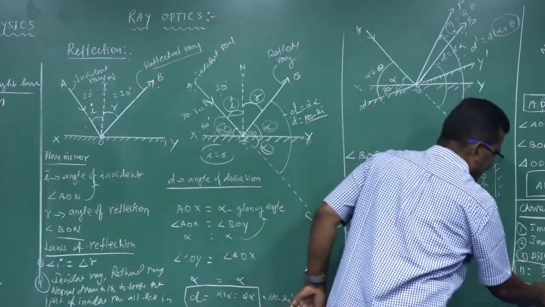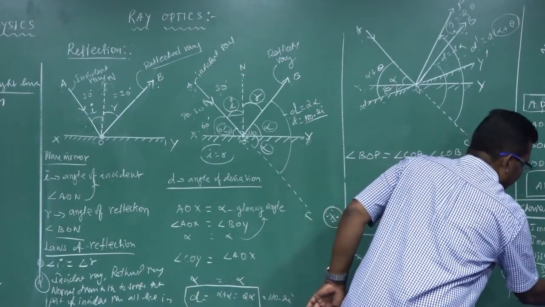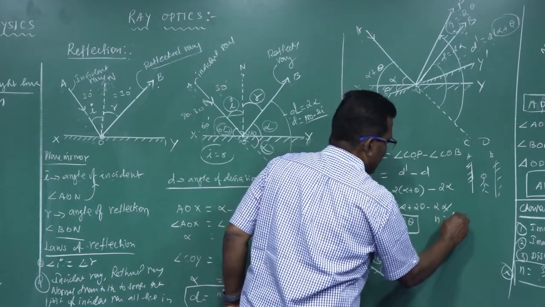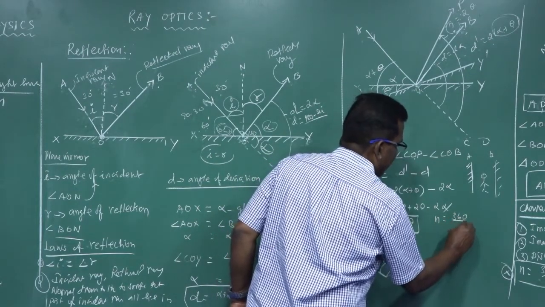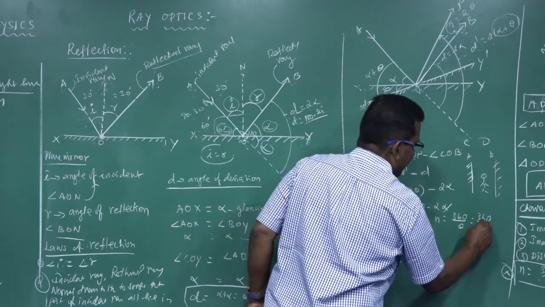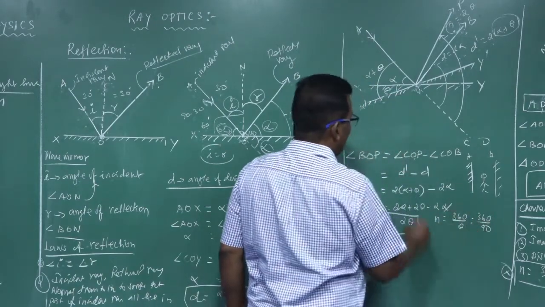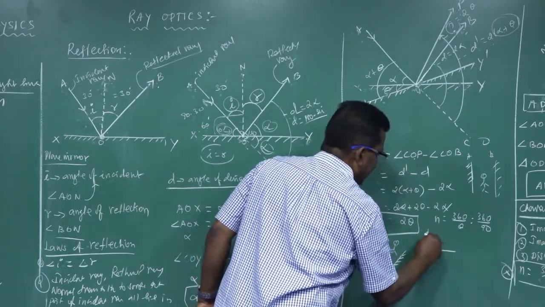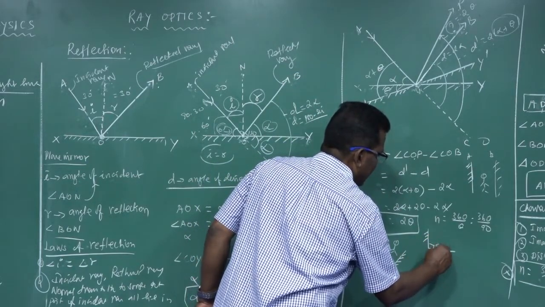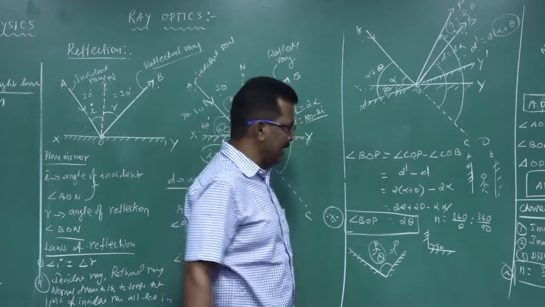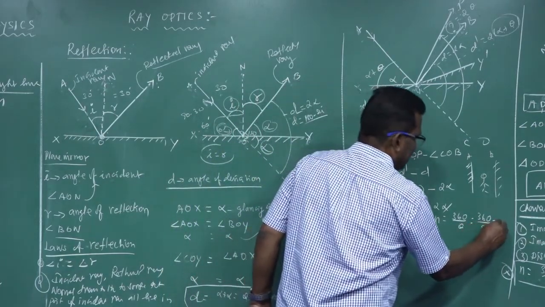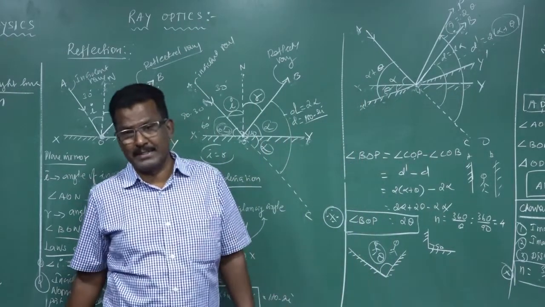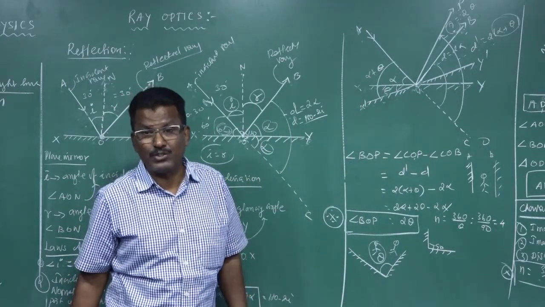Suppose 360 by theta is an even number. For example, with 90 degrees, the two mirrors kept at an angle of exactly 90 degrees, n is equal to 4. But not 4 images are seen.